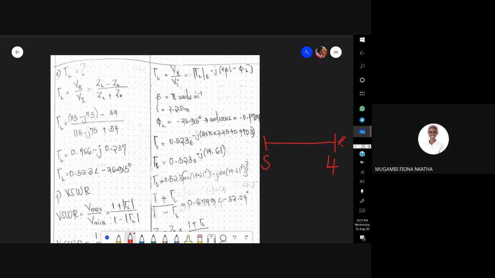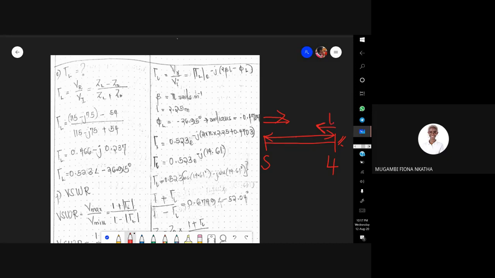So the voltage, everything incident is going this way. Please correct me if I didn't understand it well, but this distance here, we are starting to look at it from this side now. So we are going this way.